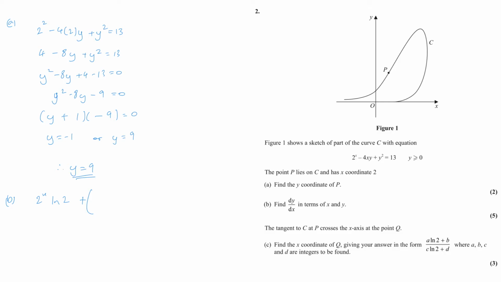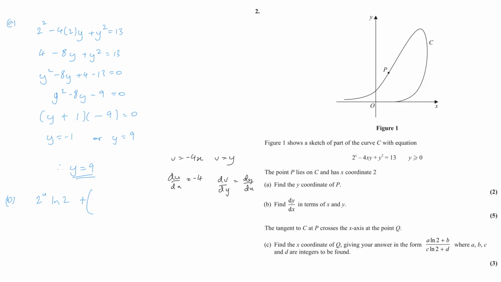So you've got minus 4x and y. du by dx is minus 4, and dv by dy is dy by dx.